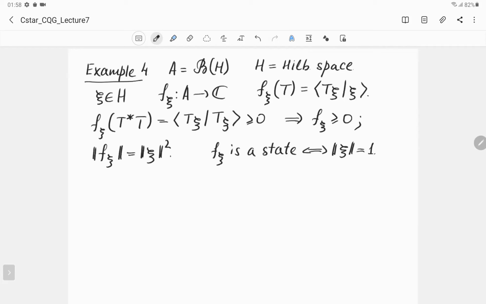States of this form are called vector states. So this is a state on B of H given by a unit vector in our space.